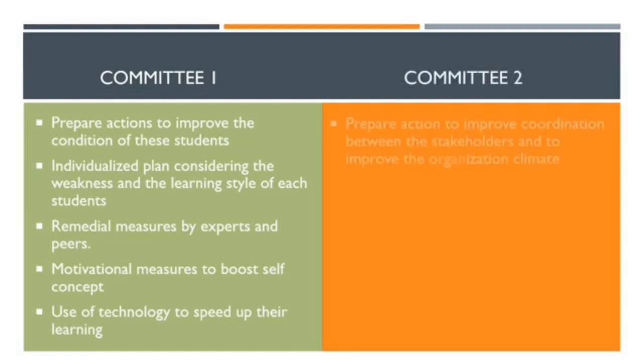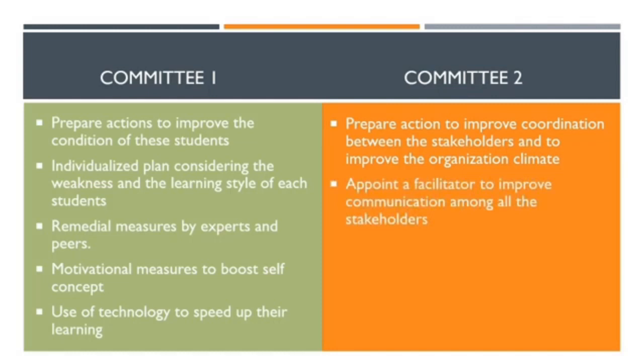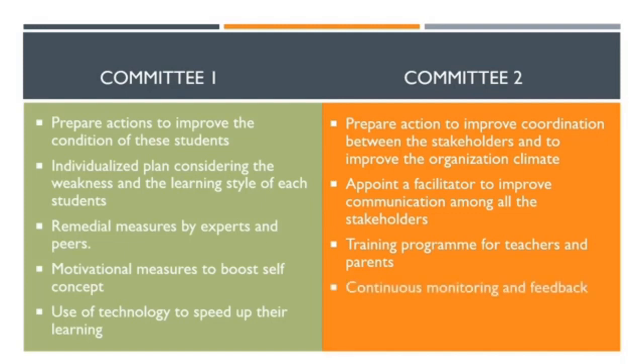And the second committee was to prepare actions to improve coordination between the stakeholders and to improve the organization climate. Appoint a facilitator to improve communication among all the stakeholders. Training program for teachers and parents. Continuous monitoring and feedback. Teacher, parents, students cooperation mode was developed.